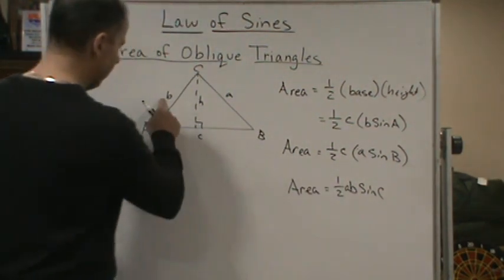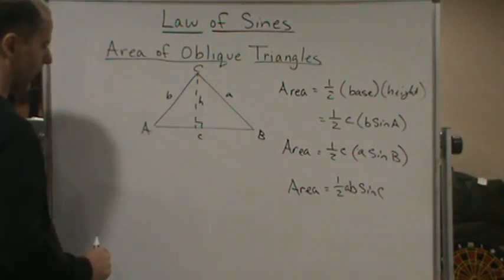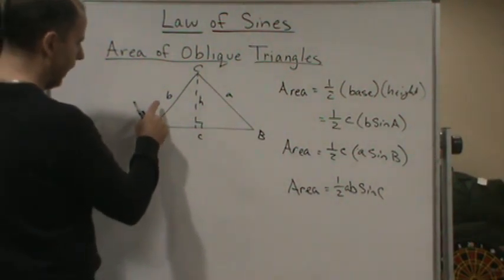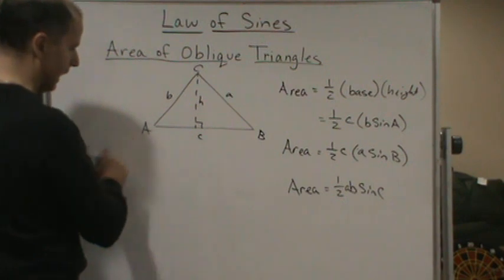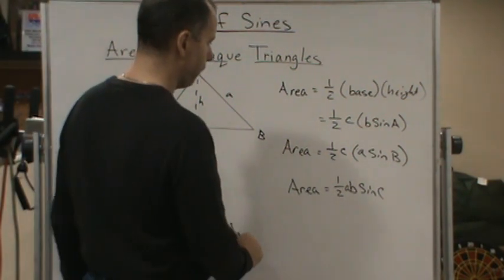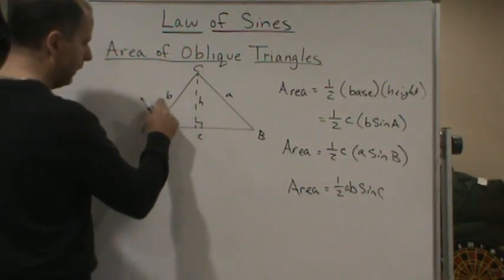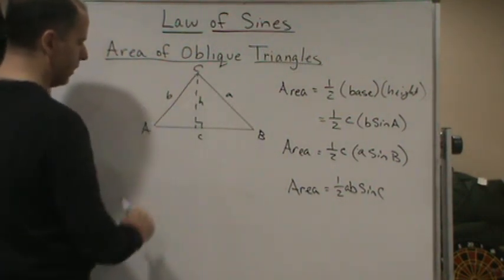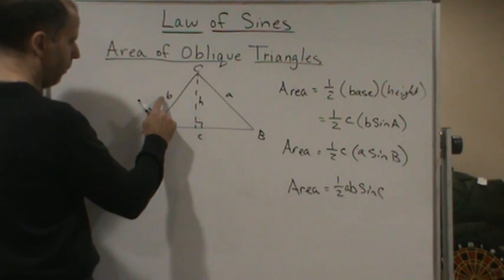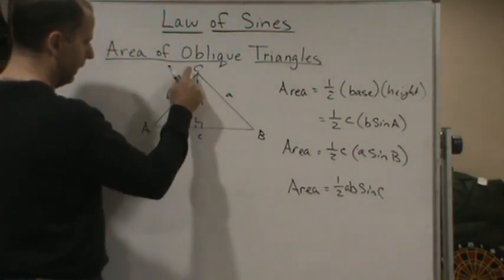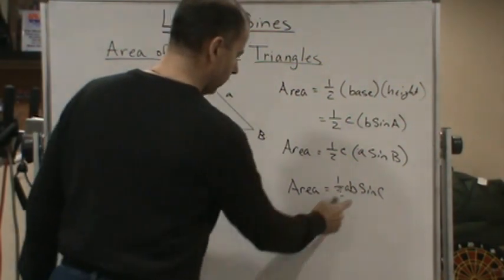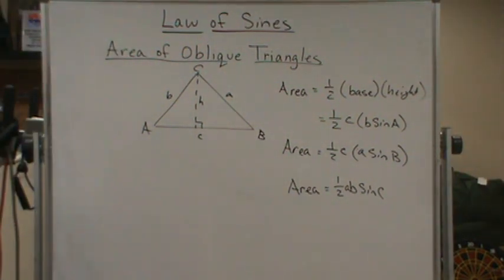If we know these two sides and the included angle A, then it's going to be 1/2 times BC sine A, which is this one. And if we know these two sides and this angle, then it's going to be 1/2 times BA times the sine of C, which is this one. Okay? And that's how you find the area of an oblique triangle.